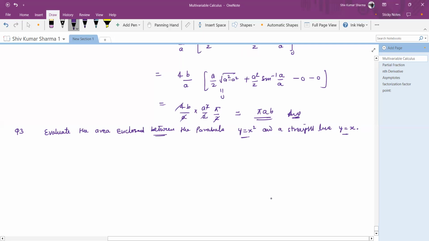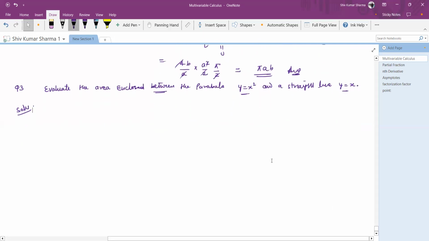First, you know how to trace the parabola y equal to x square. When we draw the curve, we take the x-axis, the origin and the y-axis. You draw the line y equal to x.